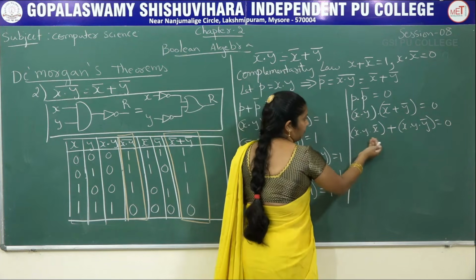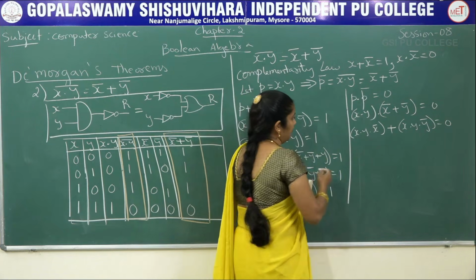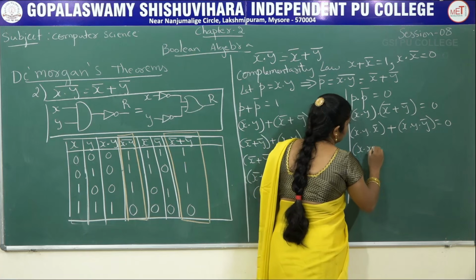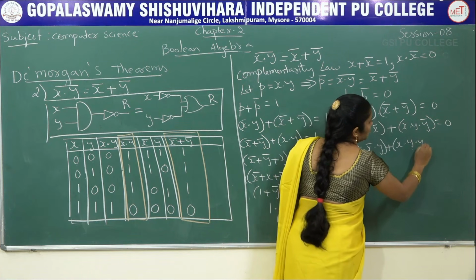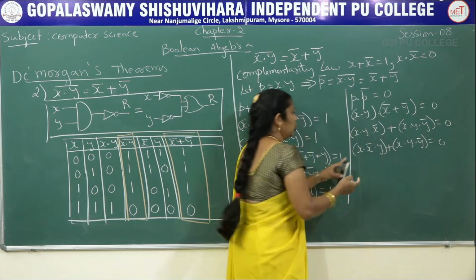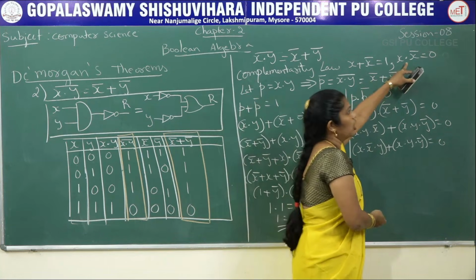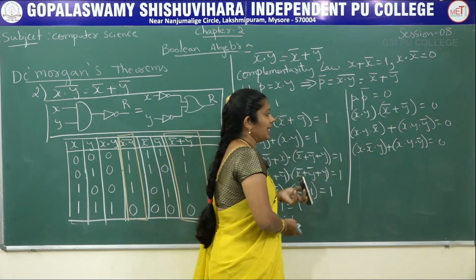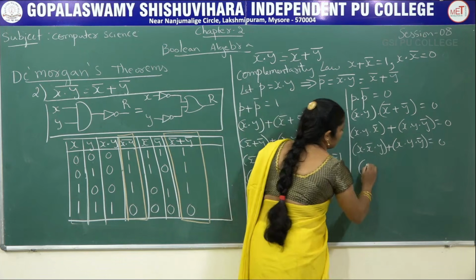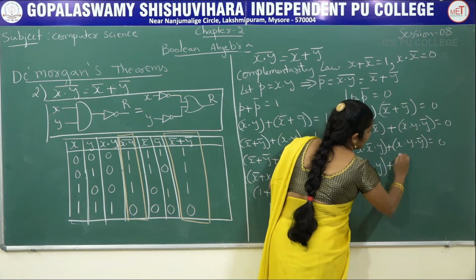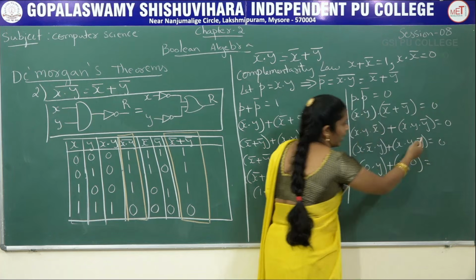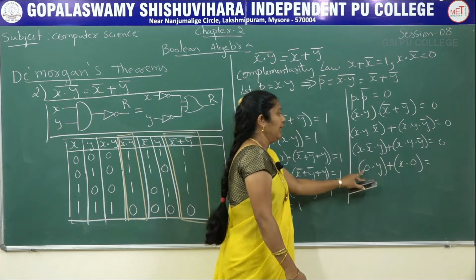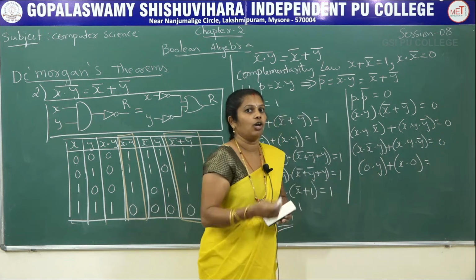Now for our convenience we will put all x to the same place. X into x bar into y plus x into y bar equals 0. We know that x into x bar by using complementarity law is nothing but 0. 0 into y plus here x into 0, because y into y bar, once again it is 0. 0 into any variable, we have law of multiplication.